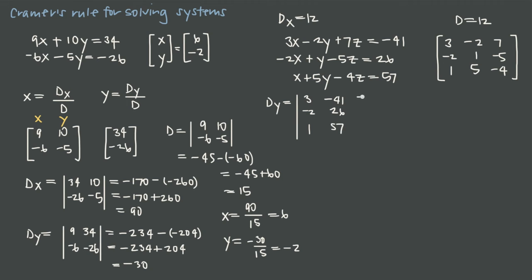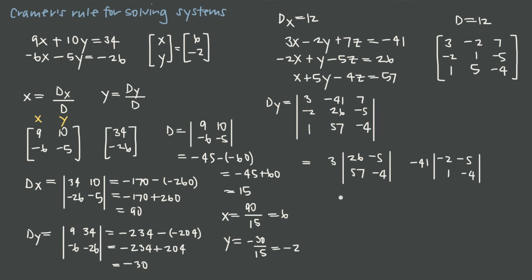And then leave the third column, 7, -5, -4. So the result here, let's again just work along the first row. So we'll get 3 times 26, -5, 57, and -4. And then we'll get the -41 times -2, -5, 1, -4.